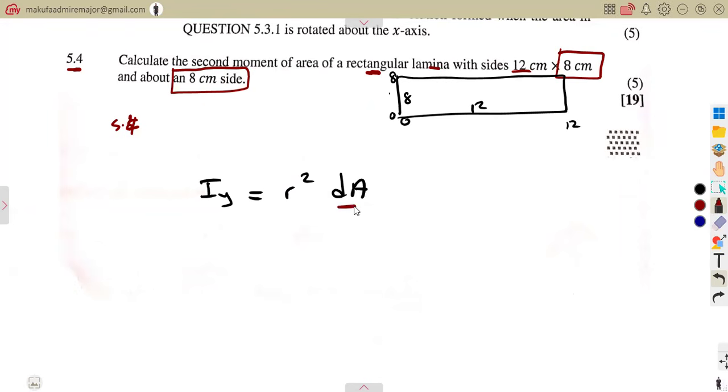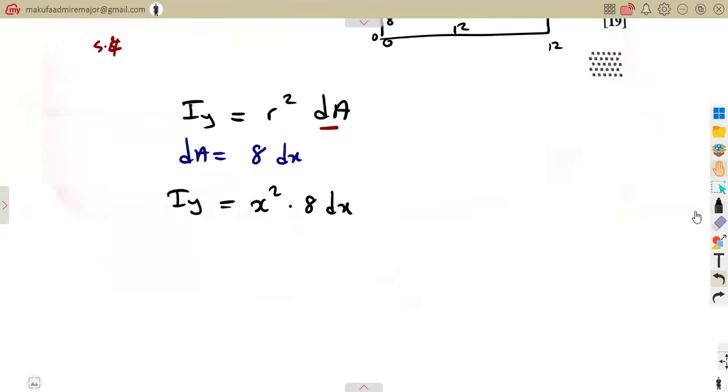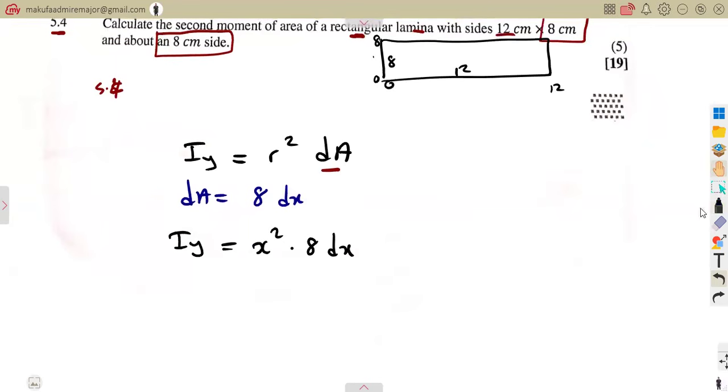Then dA is the area expression. So our dA, that will be the side times dx. So we have got our dA, so we can write our second moment as r squared, which is perpendicular x squared, times our dA, which is 8 dx, meaning we need an integral when the limits are used.